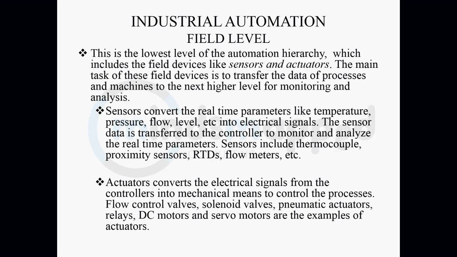So sensors include thermocouples, proximity sensors, RTDs, and flow meters, right? These are some examples of the field sensors that you can put in. Now a sensor is going to be an input device or an output device? Input. Right. So a sensor is always going to be an input device because it is sensing.